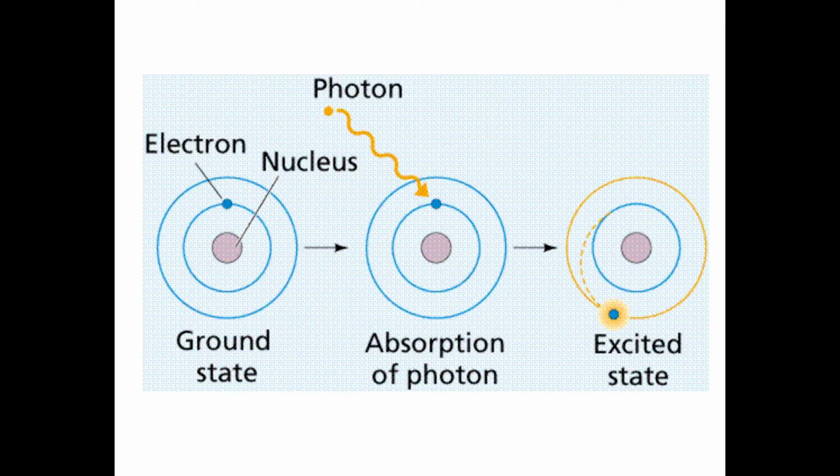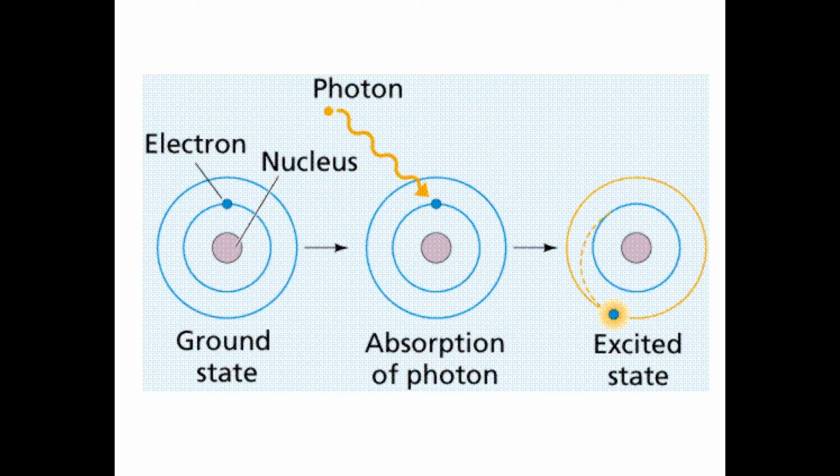As you recall from chemistry, atoms have electrons in different energy levels. Electrons want to be at the lowest possible energy level, unless those levels are full, and then they'll take the next one up.